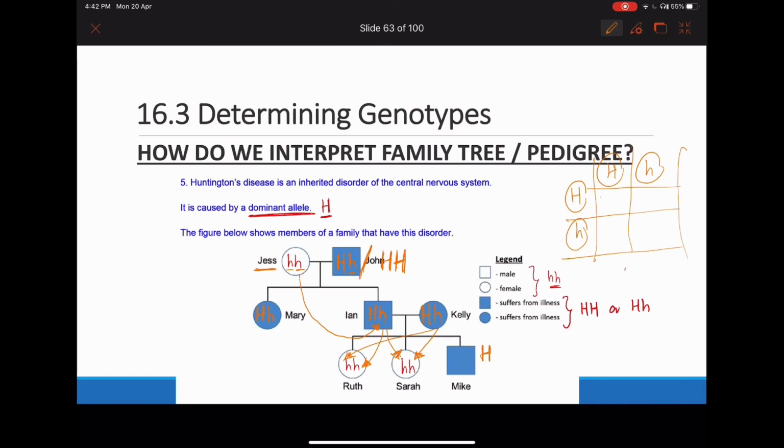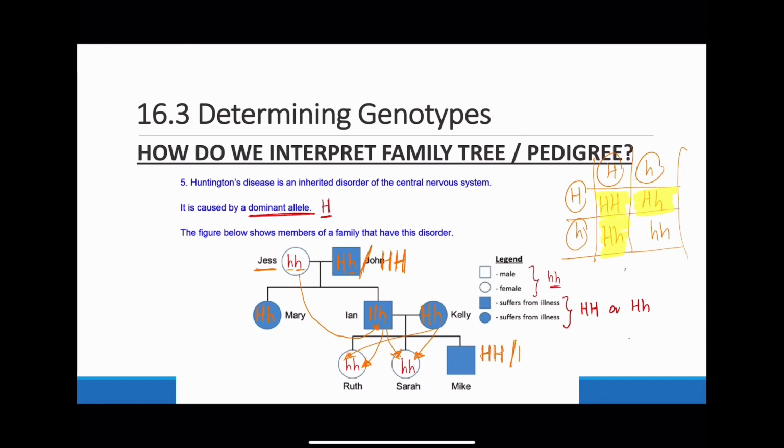The kid can either be big H big H, big H small h, big H small h, or small h small h. Which means that out of all these possibilities, Mike can be somewhere within this combination, or this combination, or even this combination, which is the same. But I only know that Mike cannot be small h small h. So same thing over here. I cannot conclude about Mike, but at least I know that he's either big H big H, or big H small h.